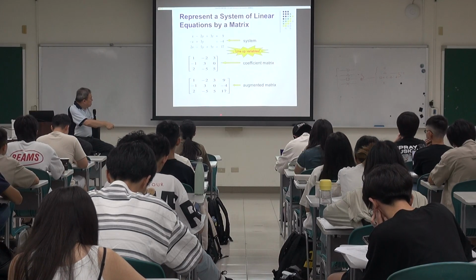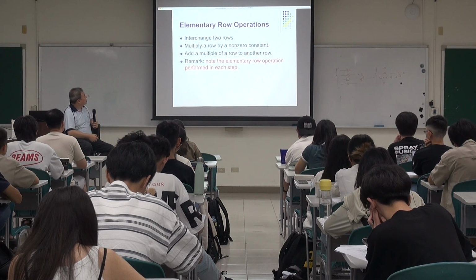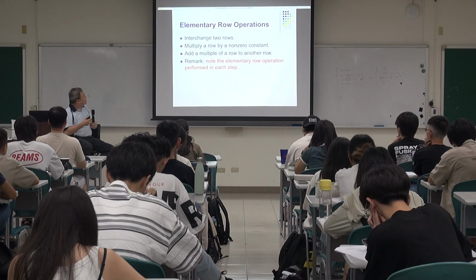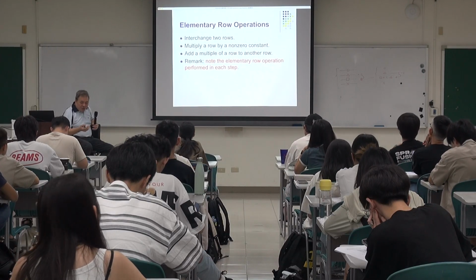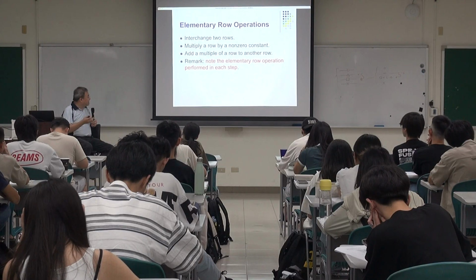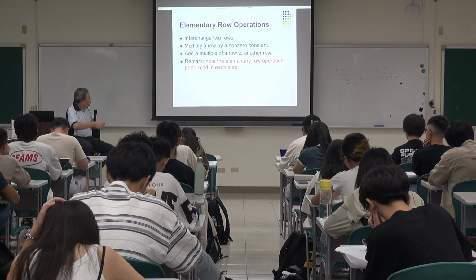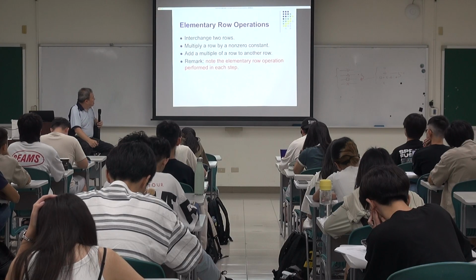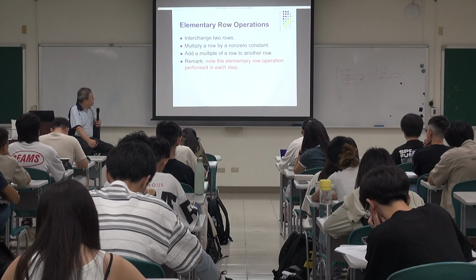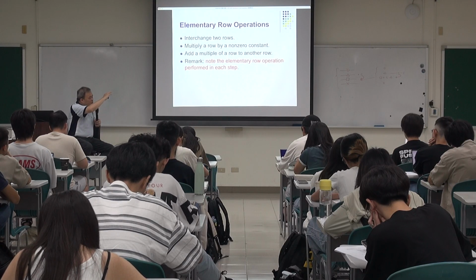And then with this augmented matrix, you can do those row operations just like we discussed earlier, including multiplying a row by a non-zero constant, adding a multiple of a row to another row, and interchanging two rows.